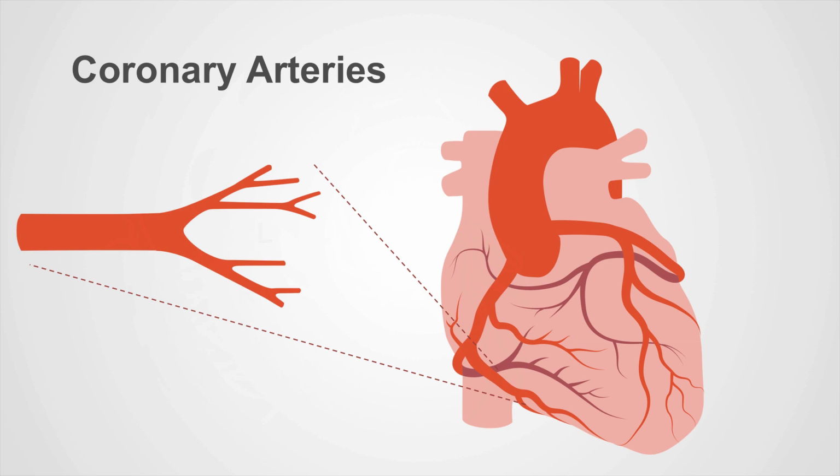This huge vascular bed is often referred to as the microcirculation. It can't be appreciated on a coronary angiogram because these vessels tend to be less than 300 microns in diameter and below the spatial image resolution of a coronary angiogram.